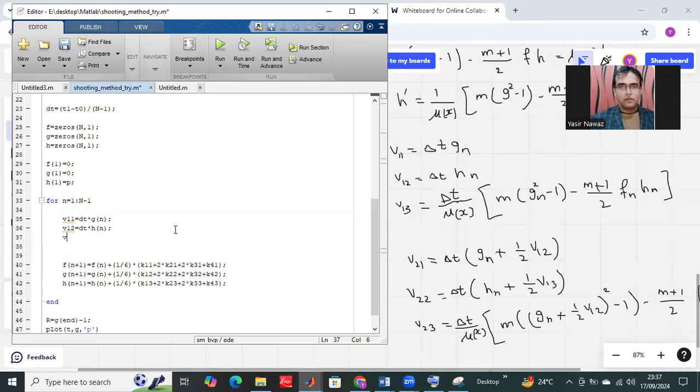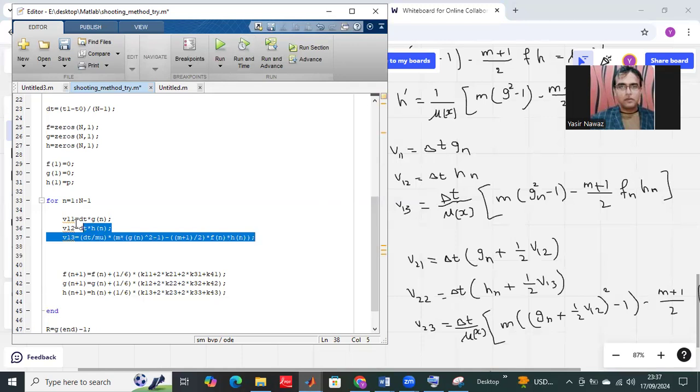And V13 is equal to dt over mu, and then m times G of n whole square minus 1 minus m plus 1 divided by 2, and then Fn, H of n. So that was the first stage.